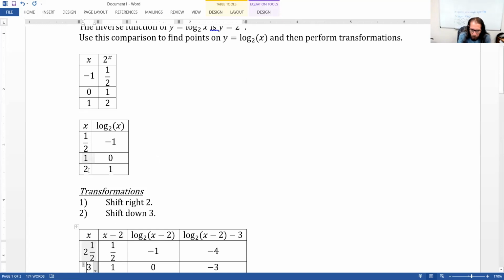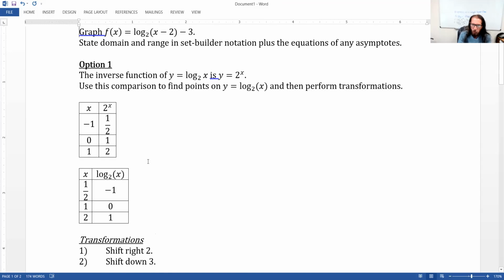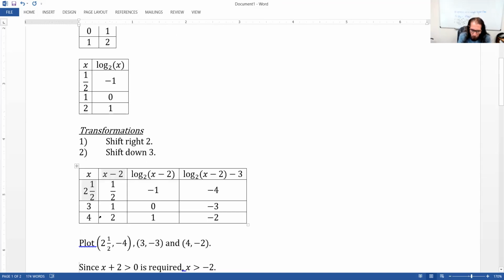So if I take the original x values that I had, if I want to get the same y values here before the shifting down 3, then those x values now have to be the x minus 2 values. Shift all of those to the right, 1/2 goes to 2.5, 1 goes to 3, and 2 goes to 4.